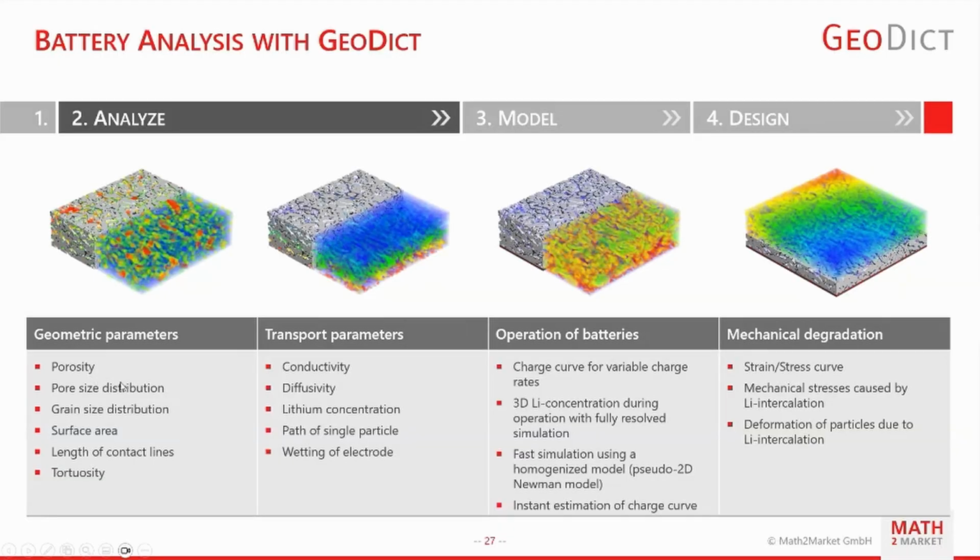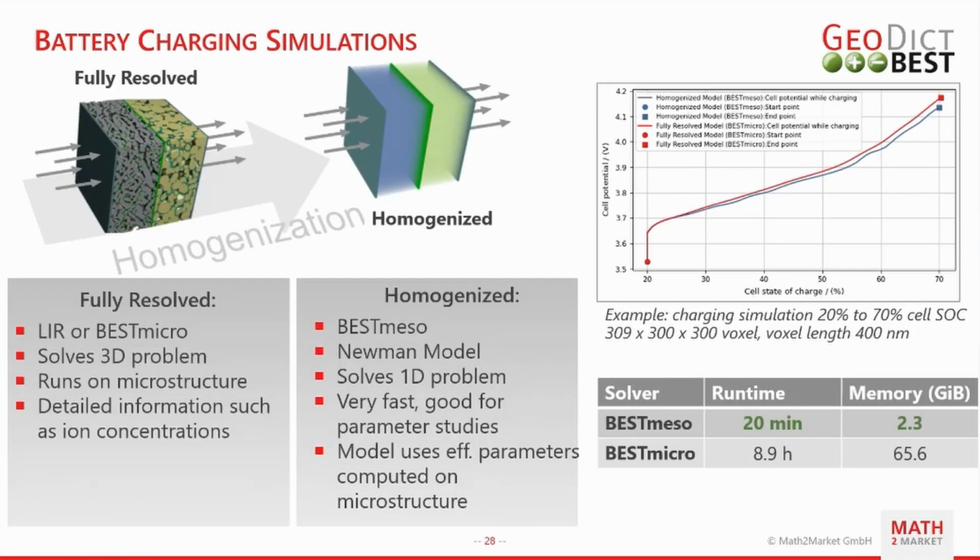You can also derive transport properties of these materials, again, as you would do in other application areas. What is special for battery materials is that you can use BatteryDict to simulate charging and discharging of the battery. And for these battery charging simulations, you have the option to do it with the fully resolved microstructure model. So this is somehow the classical GeoDict approach.